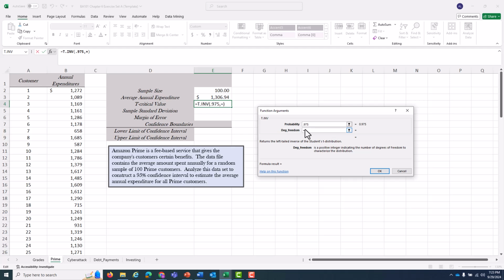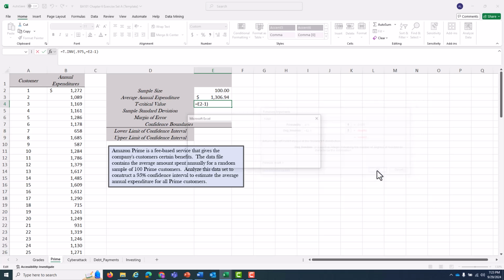So our sample size was 100 minus 1. And you'll get different values returned based upon your sample size in here. That helps put confidence in your interval, sorry for the pun, because you have a sample that you think is big enough to truthfully predict the entire population.